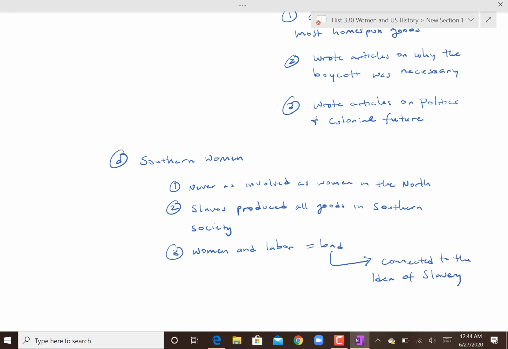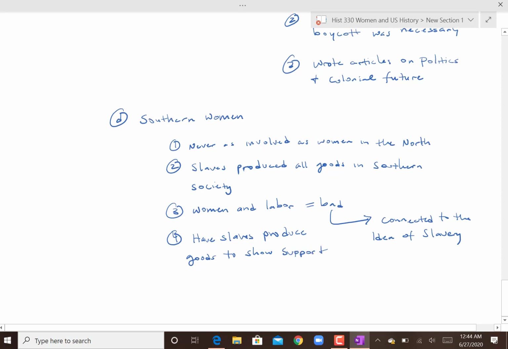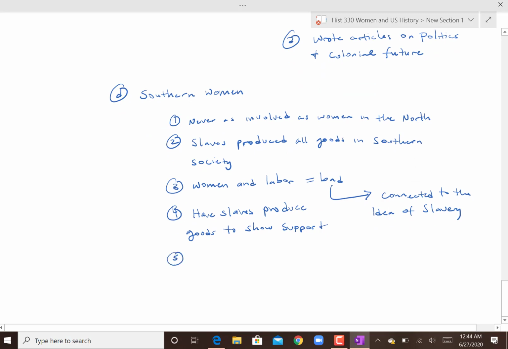So what they did do is they did have slaves produce goods to show support. But that's not the same thing as you actually actively participating in it. And the fervor and emphasis on connecting to the political, right?